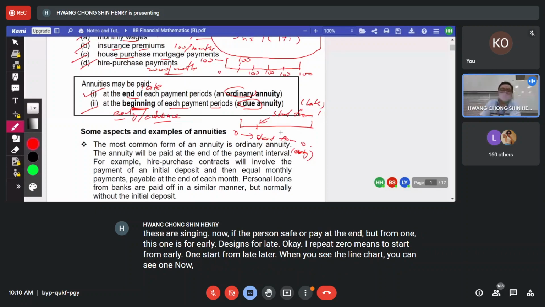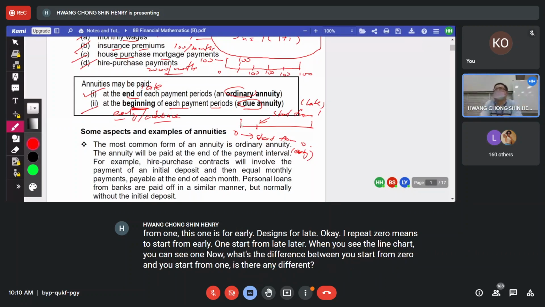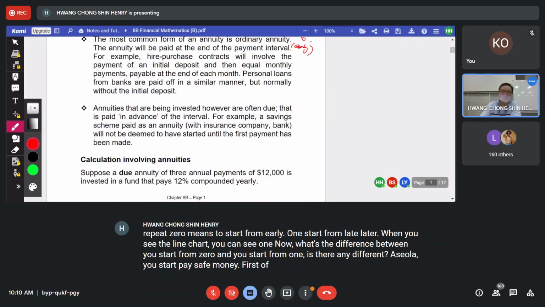Now, what's the difference between you start from 0 and you start from 1? Is there any difference? I ask you. You start saving money on 1st of January and 31st of January.